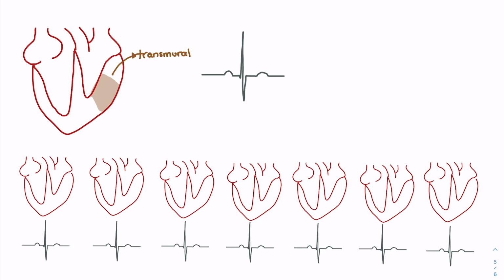So we'll actually see a change in the flow of ions as a result of this. Because it's full thickness damage to the ventricle, the current is often going to flow away from the damaged area.